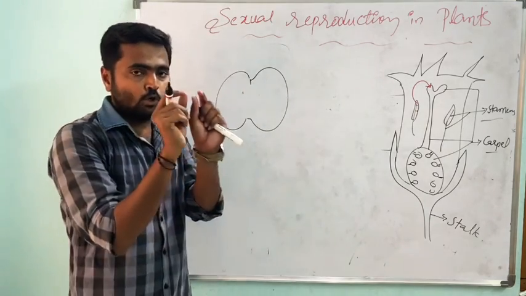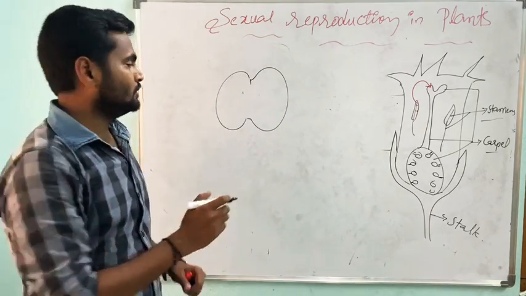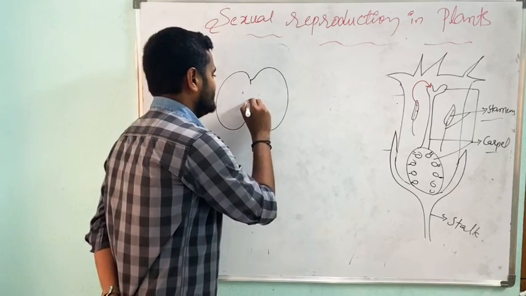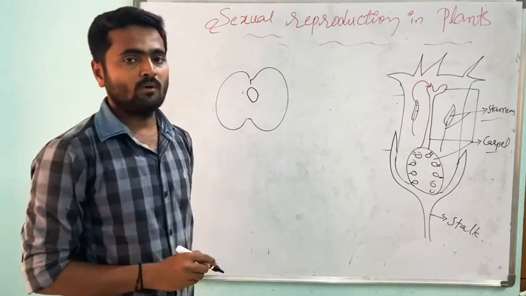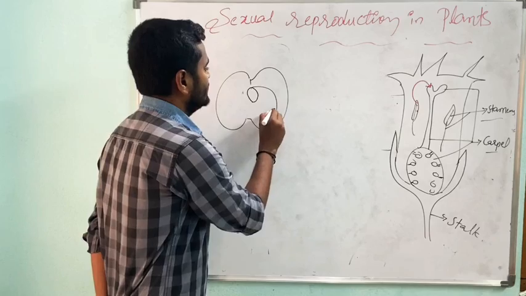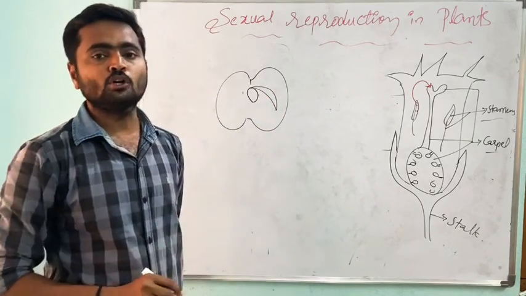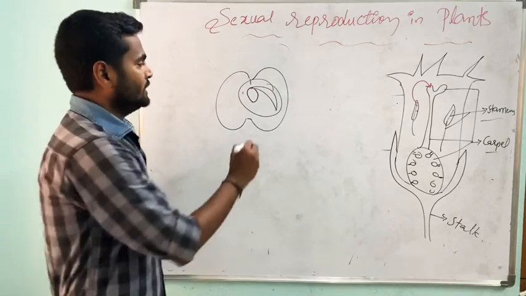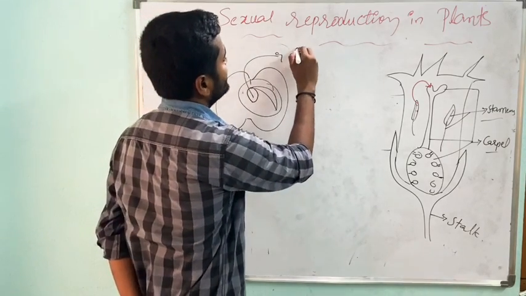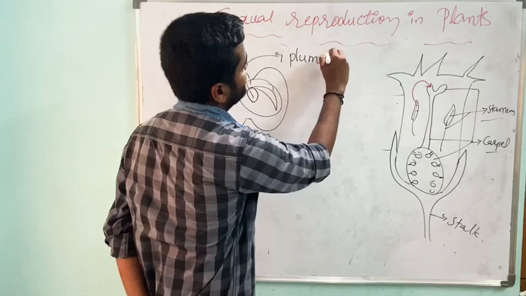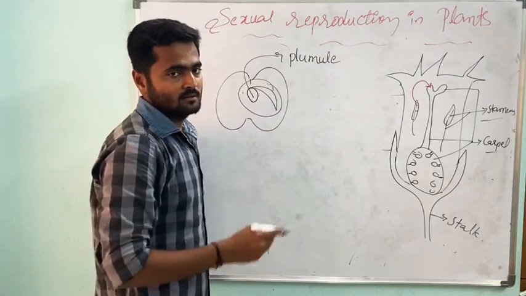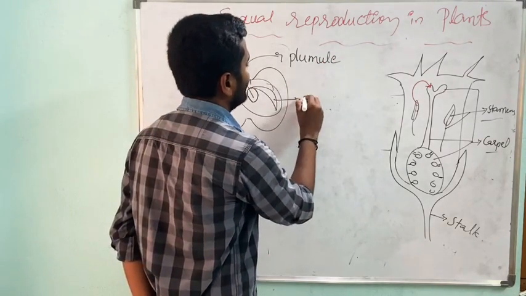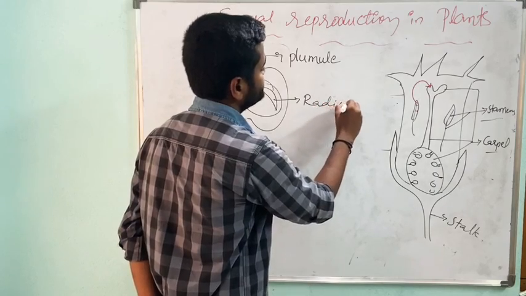If you slowly open the seed, you see in the center one plumule and one radicle. So you will see the embryo. The plumule can develop into a stem-like structure, and the radicle can develop into a root.